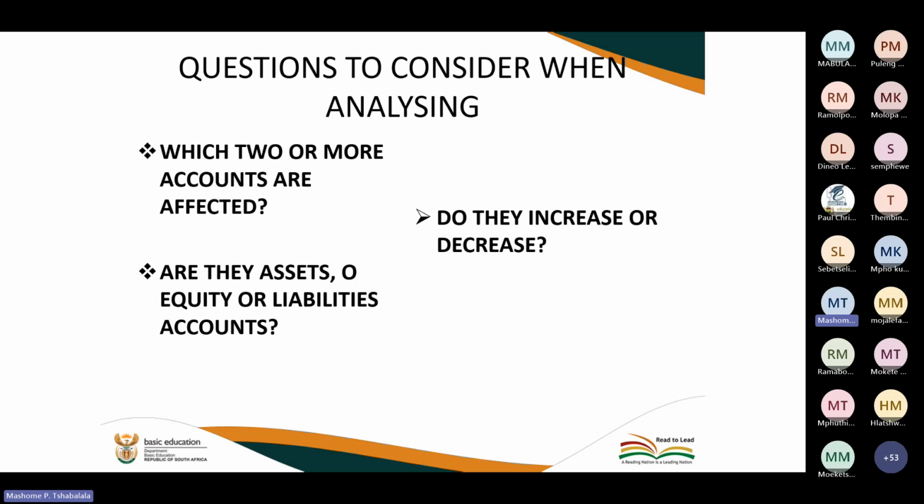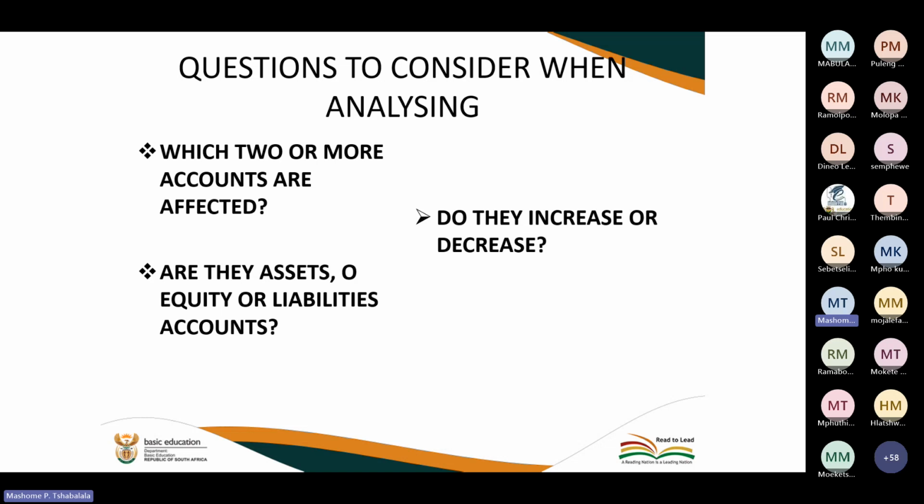Now, after identifying the 2 accounts that will be affected by the transaction, you move to a second step, whereby you ask yourself, are they assets, owner's equity, or liabilities accounts? As I've said, in grade 8 we focus on the asset and the owner's equity.